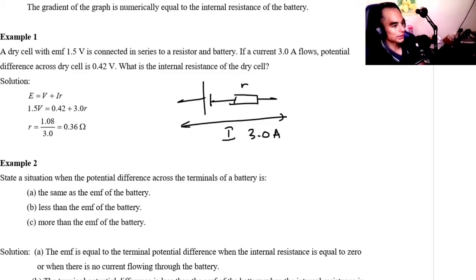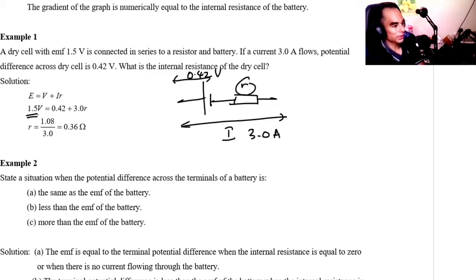What is the internal resistance of the dry cell?